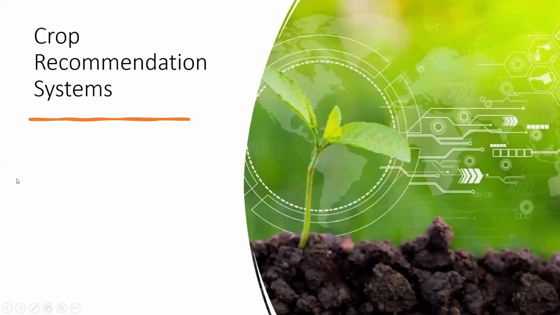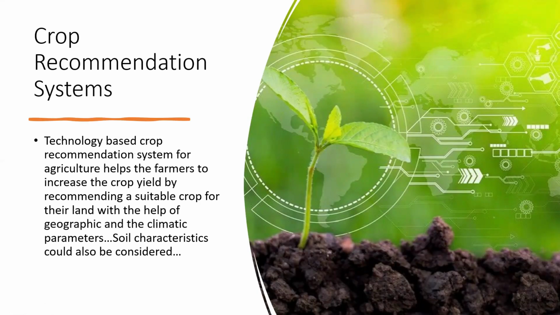Then we also have the crop recommendation system, another possible application of machine learning in crop production. Technology based on a crop recommendation system for agriculture helps farmers increase crop yield by recommending suitable crops for their land.